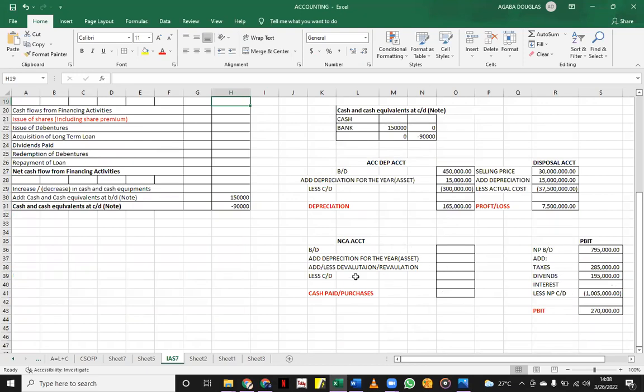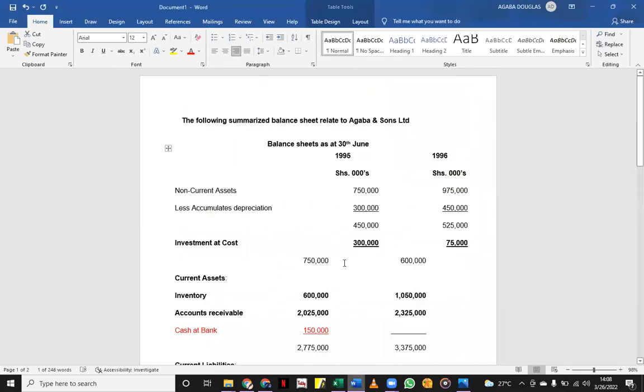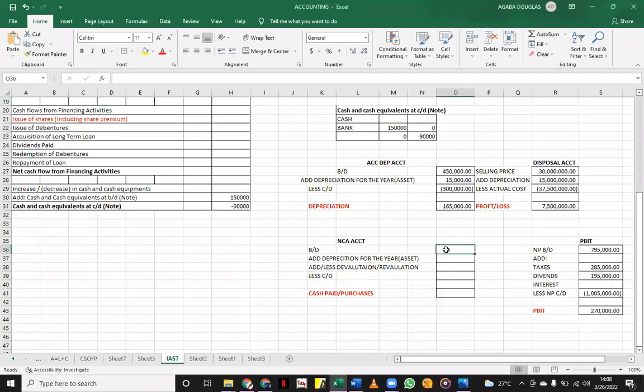So like we've been doing, we are going to get a closing figure and then we'll simply come back. Our closing figure is 975. So we'll come and put 975. And then we'll add the depreciation for the asset, which you already know by now. And if we had any revaluation, we would less it.